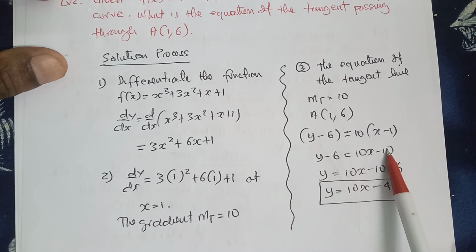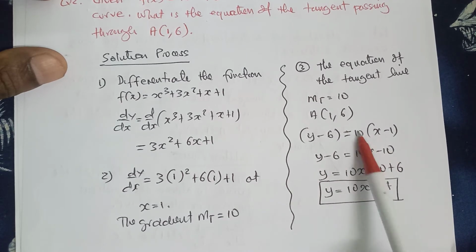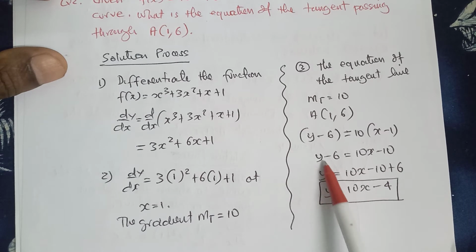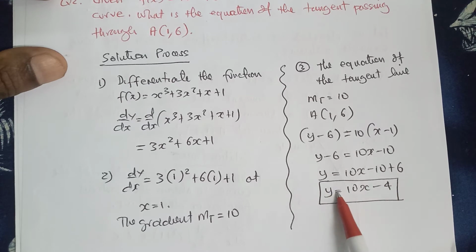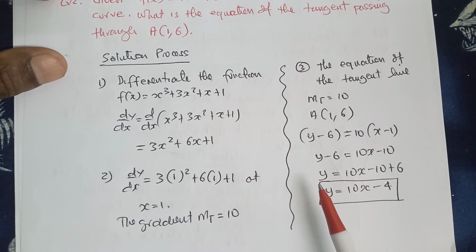Multiplying out on the right hand side, 10x minus 10, then making y the subject, bringing 6 across, 10x minus 10 plus 6 gives us y = 10x minus 4. And this is the equation of the tangent passing through point A on the curve x cubed plus 3x squared plus x plus 1.